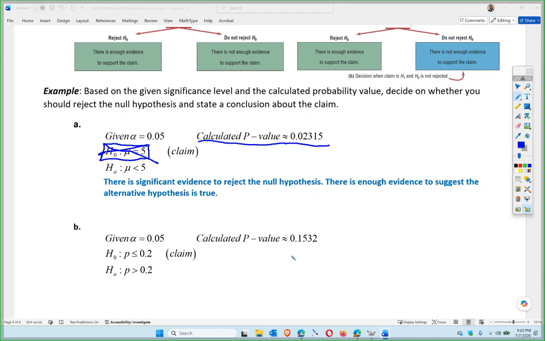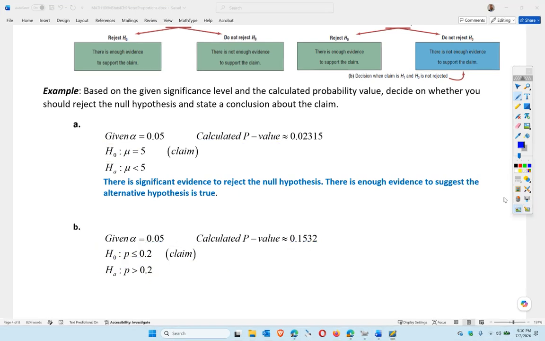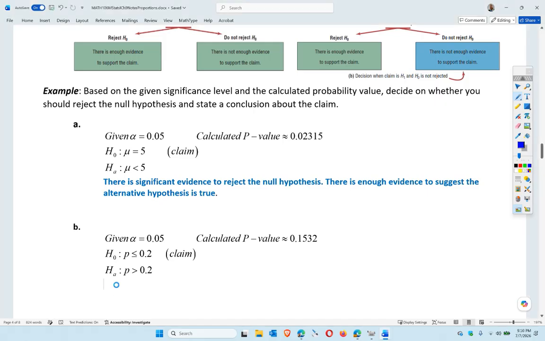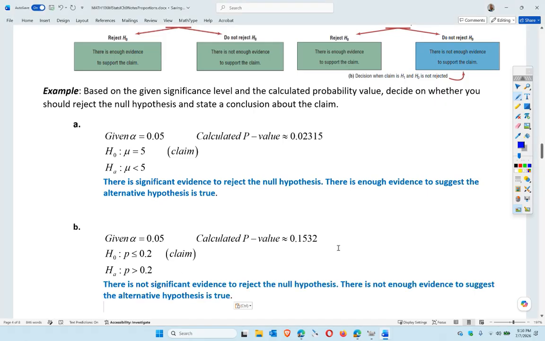Versus here, this p-value is higher than this, which means we cannot reject the null hypothesis. There's not enough evidence to suggest this is true. So, very similar statement. There is not enough evidence to reject the null hypothesis.